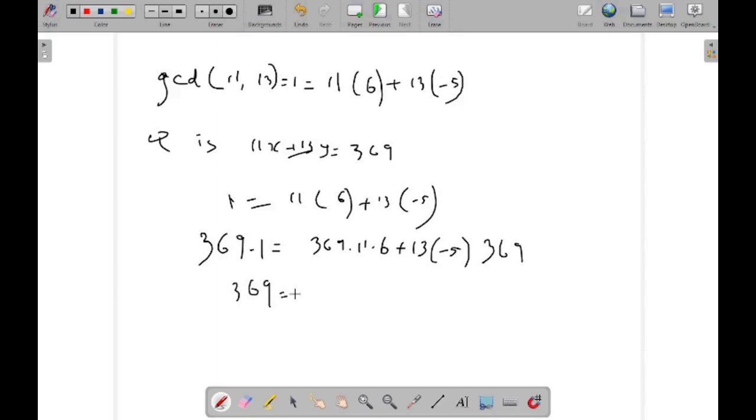369 equal to 11 into 2214 plus 13 into minus 1845.